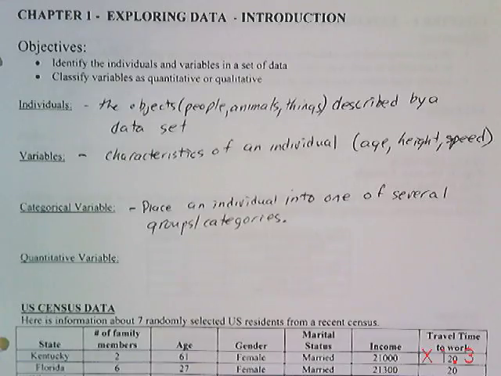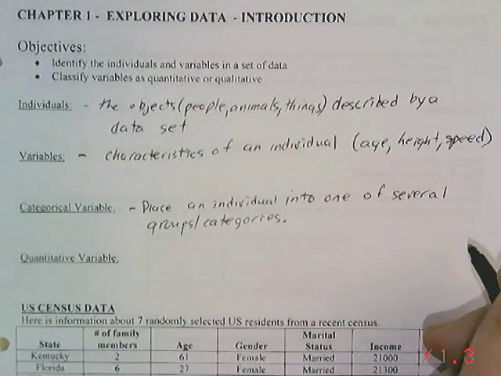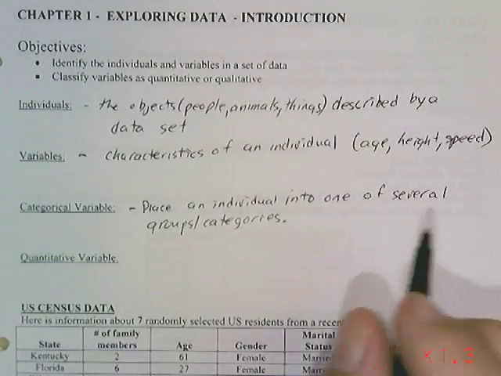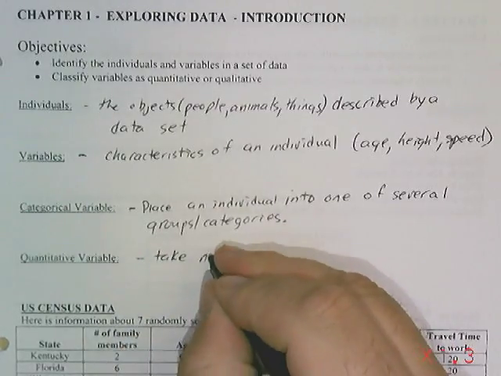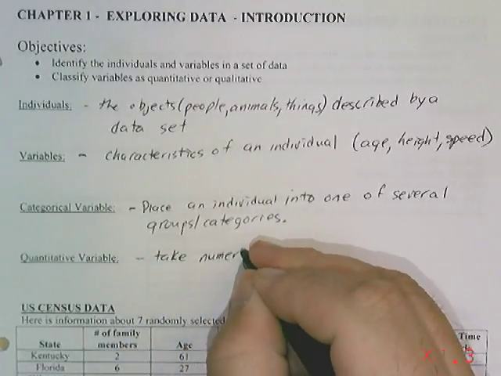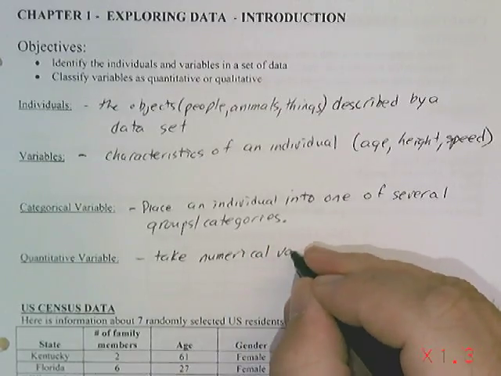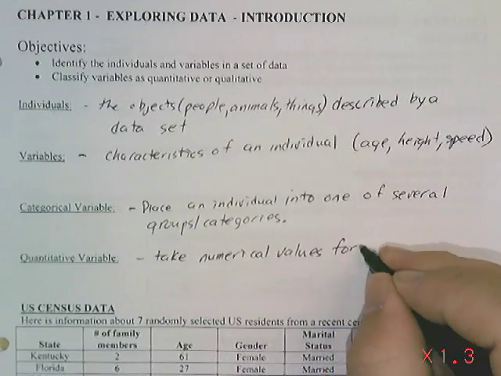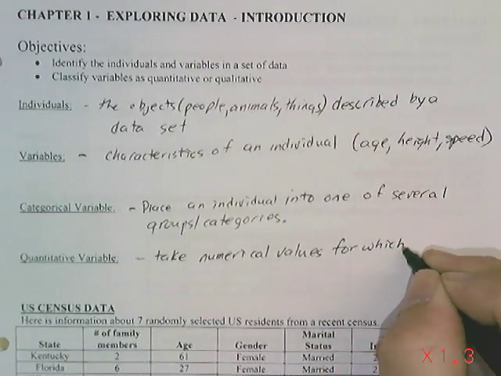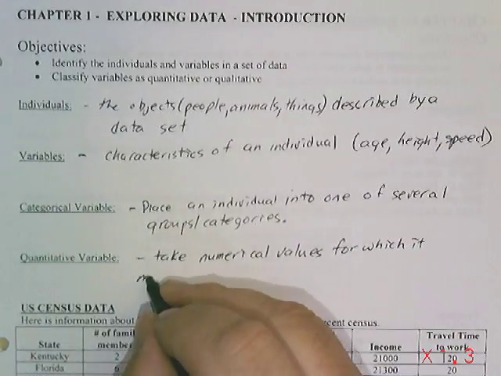Not everything that takes a number is a quantitative variable, but certainly age, how much money you make, your income, those things are certainly quantitative variables. Whereas things like zip code or phone number are actually categorical variables because they are a label rather than something you would take an average of.